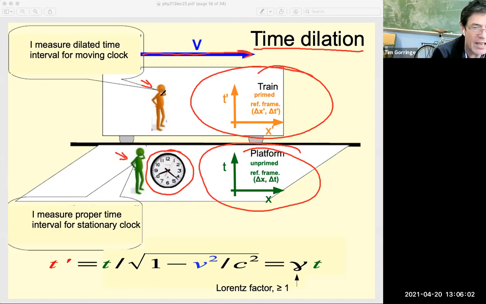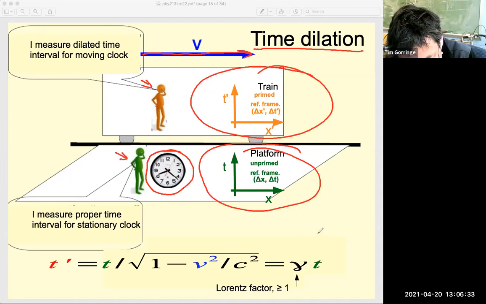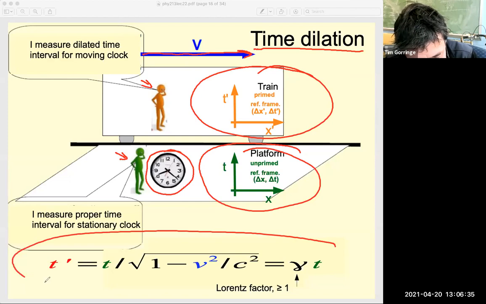And they actually see, imagine a second ticking by, or an hour ticking by. They see different durations of time for that second or that hour ticking by. And here's the equation in relativistic space-time that describes that.